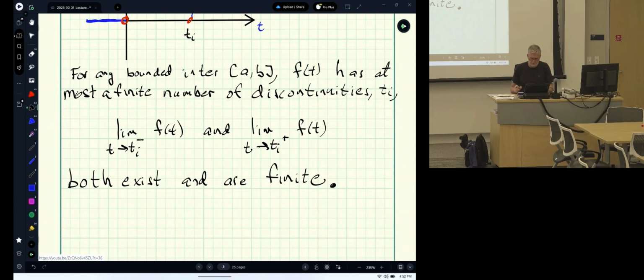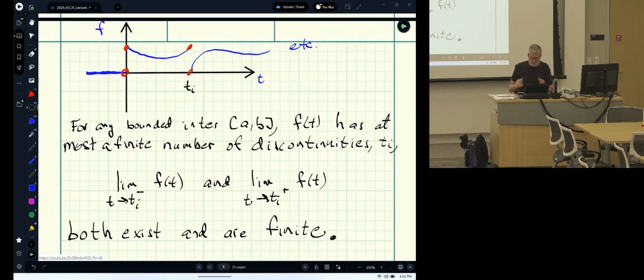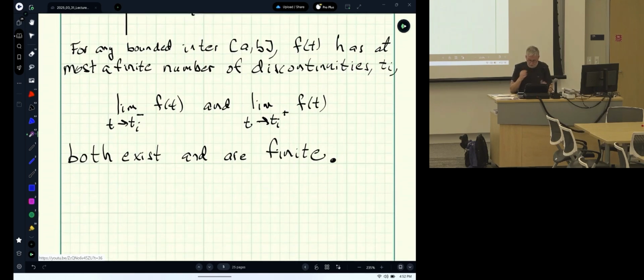So anything that's blowing up like 1 over t or something at the origin, that doesn't work. Why do we care about this? Well, we know how to define Riemann integrals for continuous functions, and since we can break up the Riemann integral from 0 to something as we integrate to the first point of discontinuity, then we go from the first one to the second one, etc. As long as on any bounded intervals we have a finite number of integrals to add up, everything is cool.